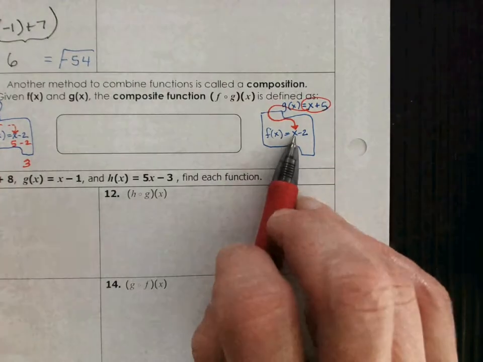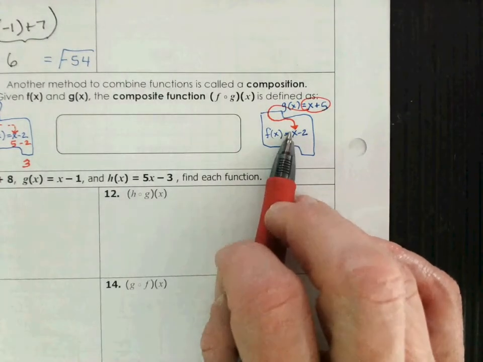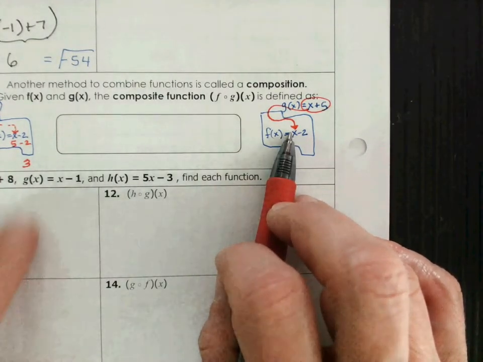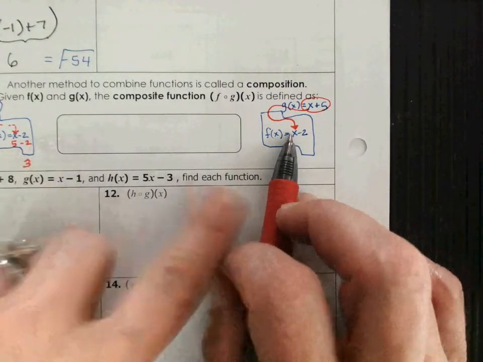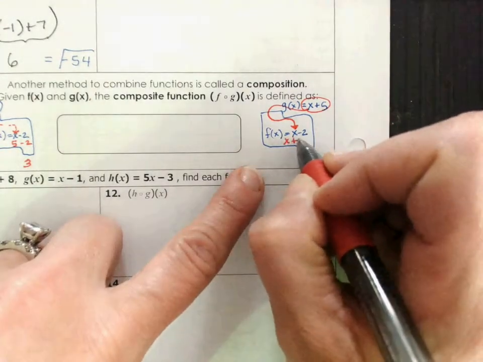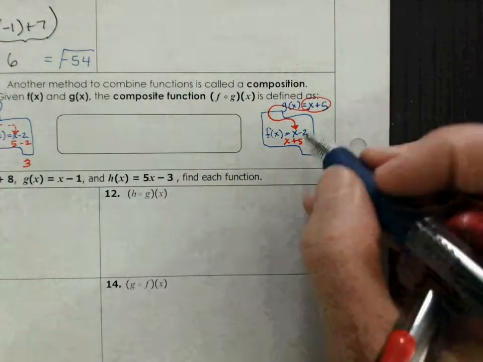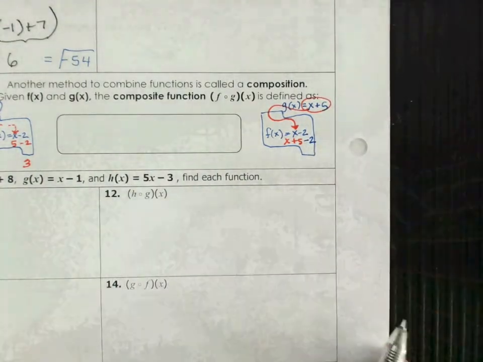So I always plug something in place of x, right? So instead of just plugging in a 5, I'm going to plug in x plus 5, and then I still have that minus 2 hanging off the end, right?